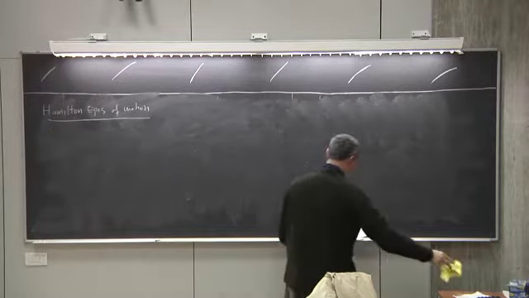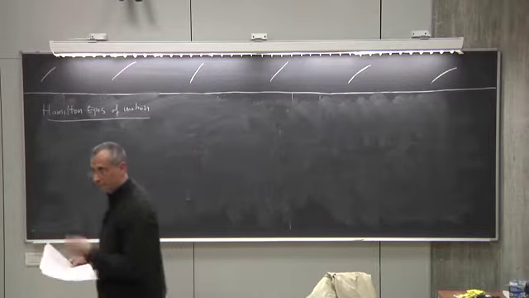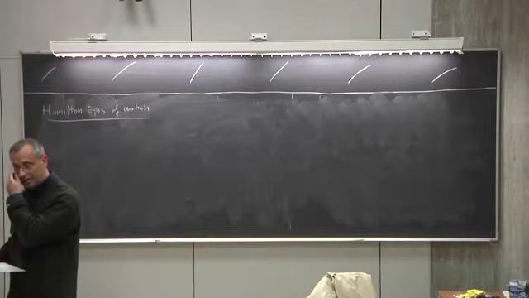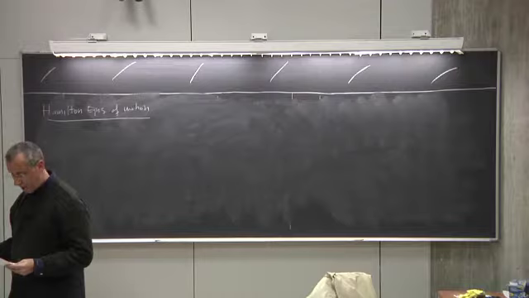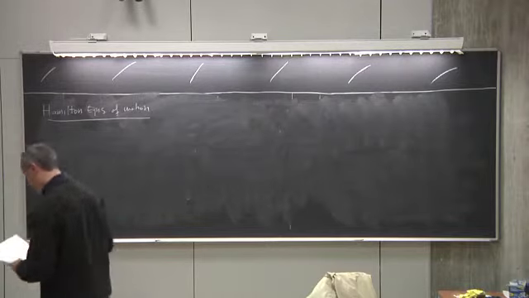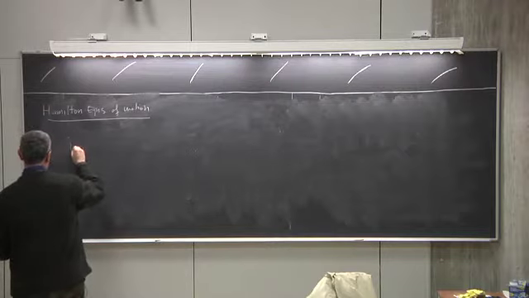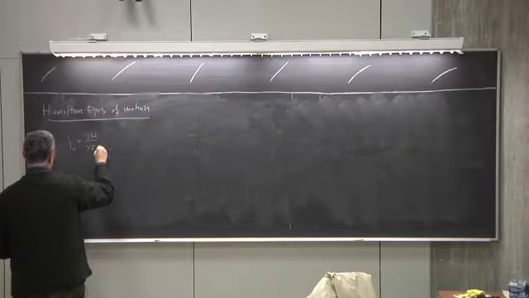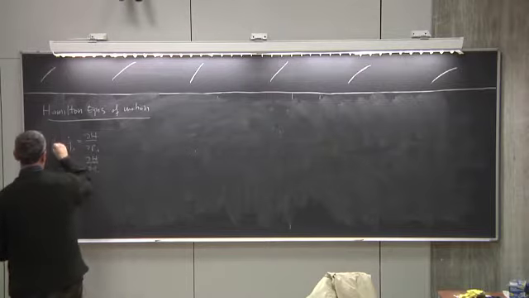Think back at the equations. You see, the equations were q dot i equals dH dpi, right? Minus p dot i equals dH dqi.